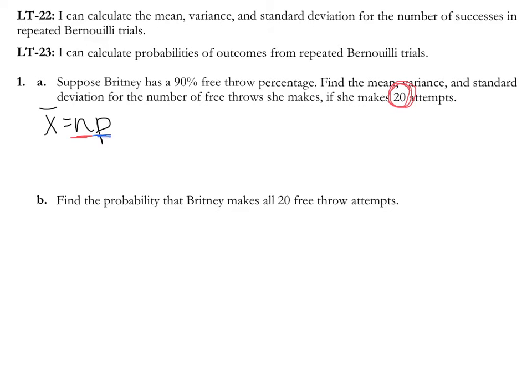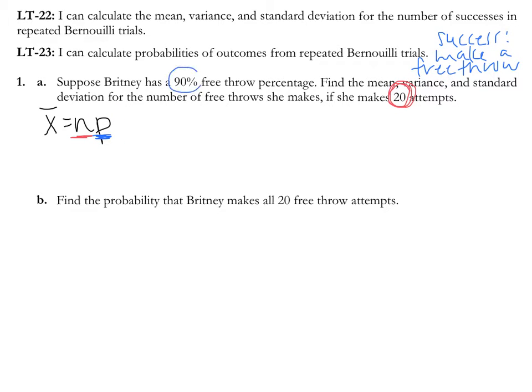P stands for the probability of success. So in this problem, we're interested in the number of free throws she makes. Therefore, a success would be making a free throw. Let's just jot that down. Success is making a free throw. So P stands for the probability that that happens.